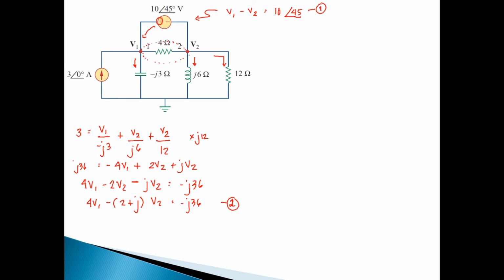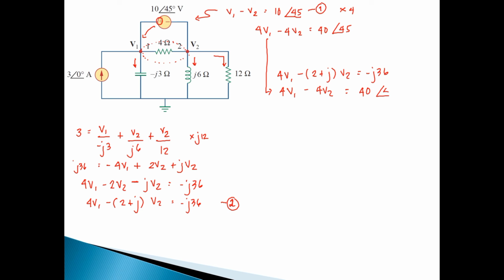Okay, so we can multiply this first equation by 4. So this will be 4 V1 minus 4 V2 equal to 40 angle 45. So why do we do that? Let's write the second equation here: 4 V1 minus (2 plus j) V2 equal to negative j36, and then let us add 4 V1 minus 4 V2 equal to 40 angle 45.